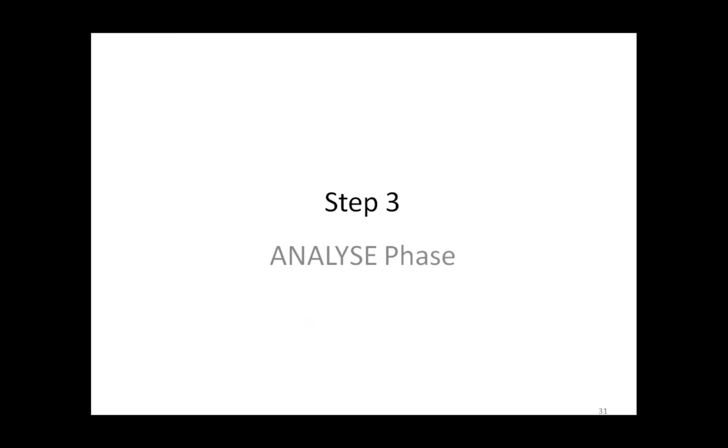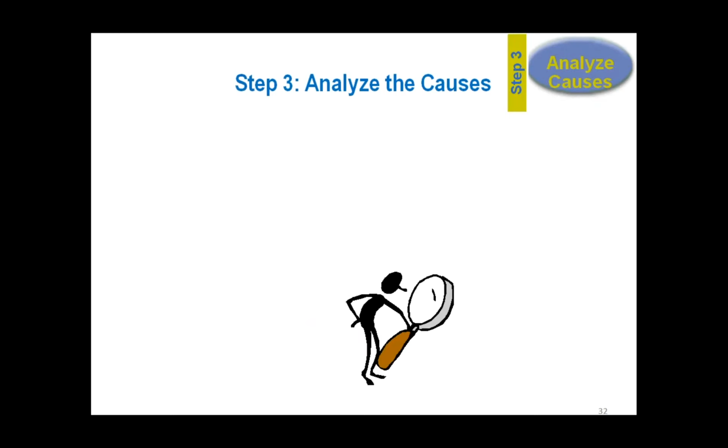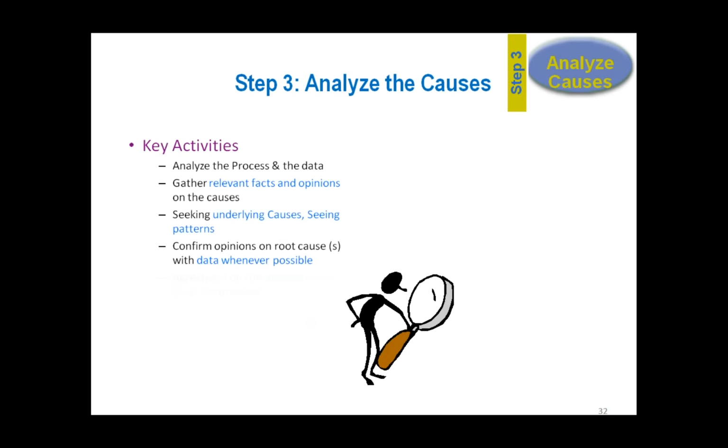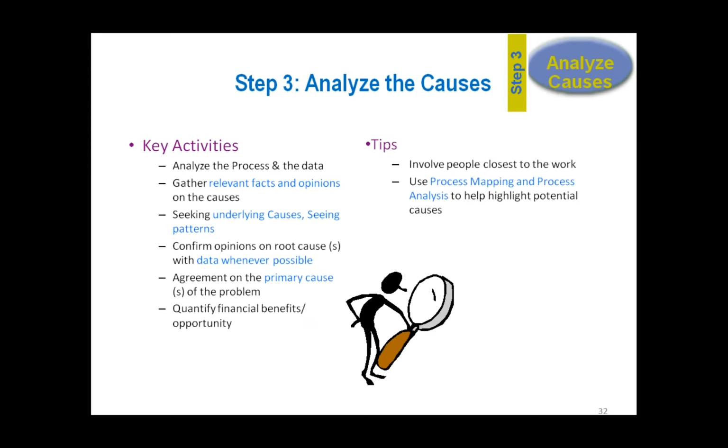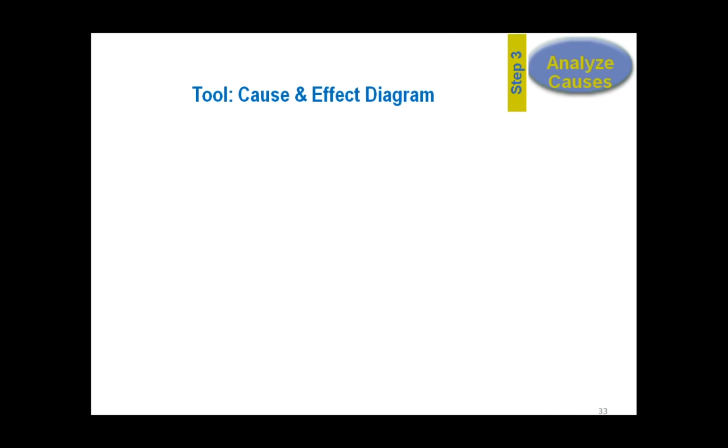So the third step of DMAIC is the analyze phase. Now we have the data, we have the problem statement, we have put it meaningfully in terms of trend chart and Pareto, and now we need to analyze and go to the root causes of the issue. These are the various activities that are done during this phase, where we try to go deep into the process, and we'll look at some of the tools that we use here.